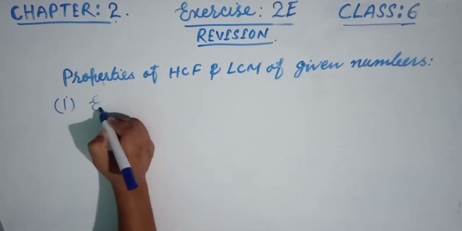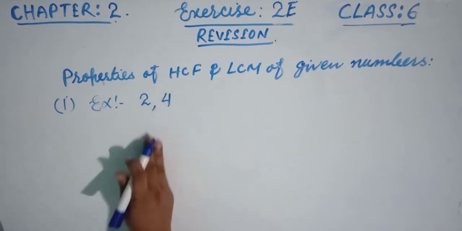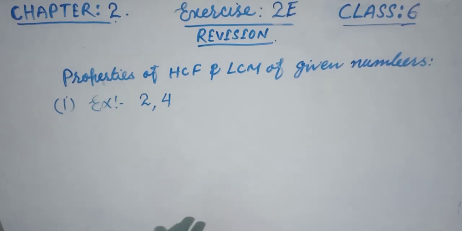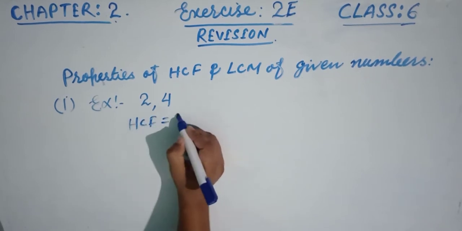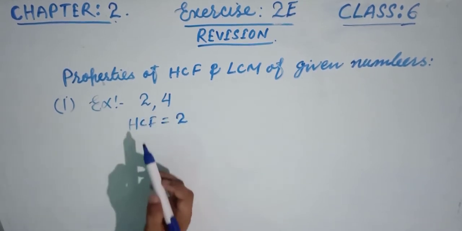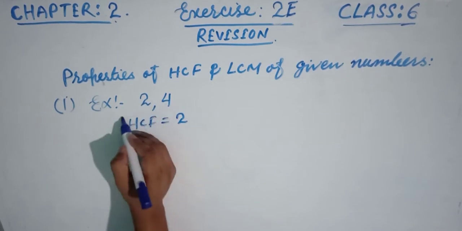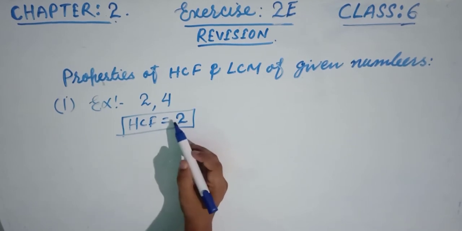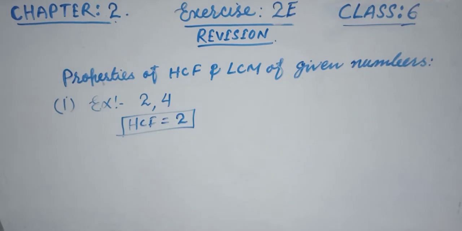Suppose, for example, friends, 2 and 4. Two numbers are given and we have to find their HCF. The HCF we can find is 2, because the maximum common factor of these two numbers is 2. And look, friends, sometimes 2 is equal to one of the numbers, but always 2 is less than or equal to the given numbers.